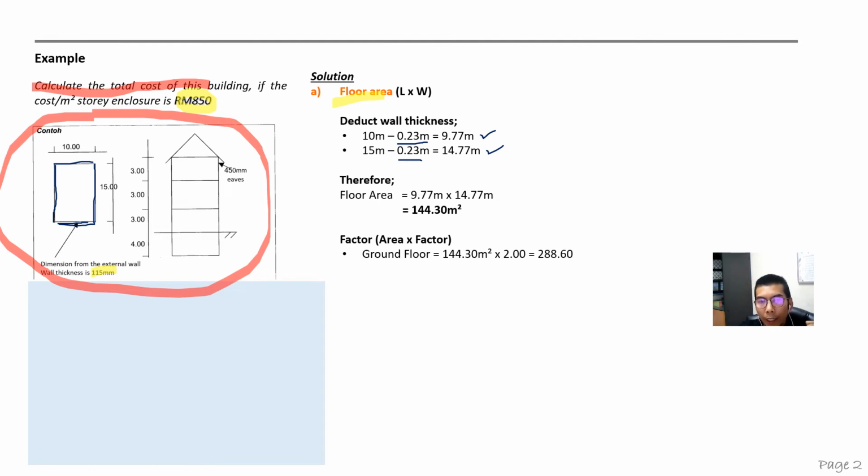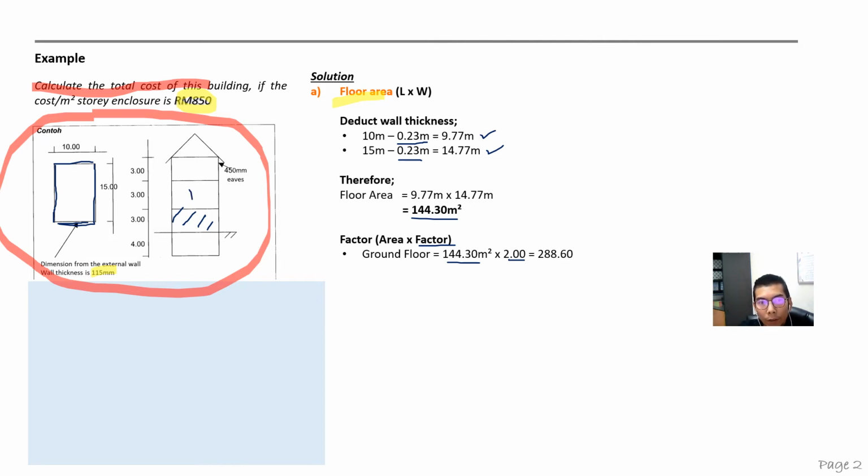After you obtain the floor area, you have to times it with the progressive factor that I mentioned earlier. Start with 2 for upper floor, then setiap tingkat dia akan bertambah 0.15. So your ground floor, dia punya floor area is 144.3 times 2, you get this value 288.6.